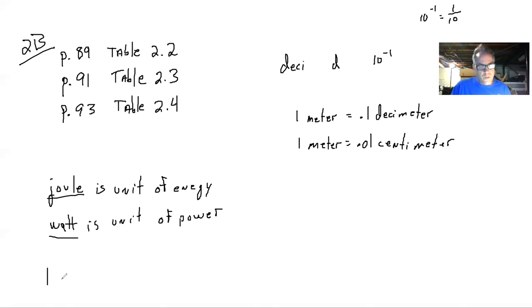And 1 watt, since again, a watt is measuring the rate, and when we're talking about rate it's going to be per unit of time, a watt is defined as 1 joule per second.